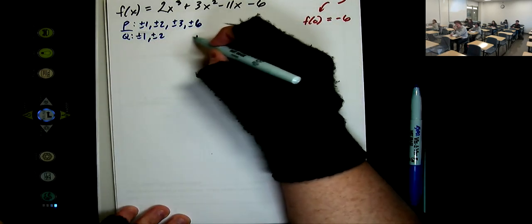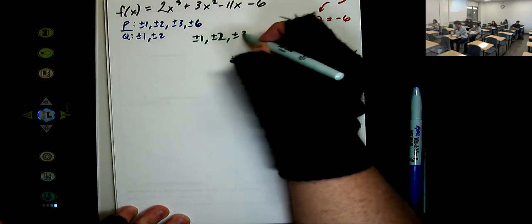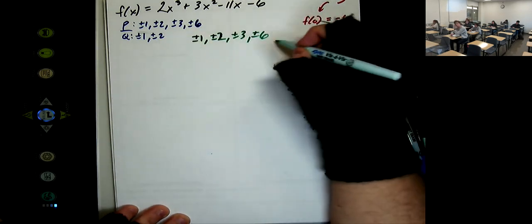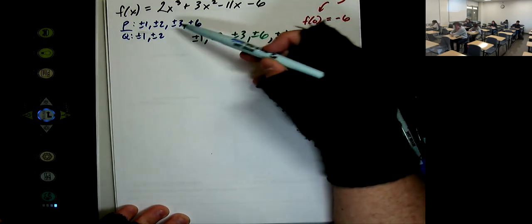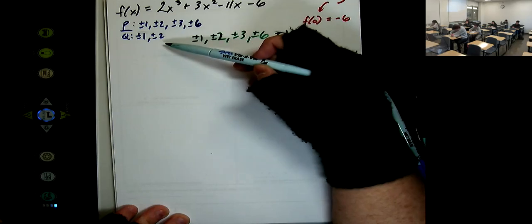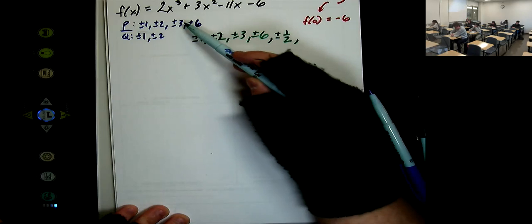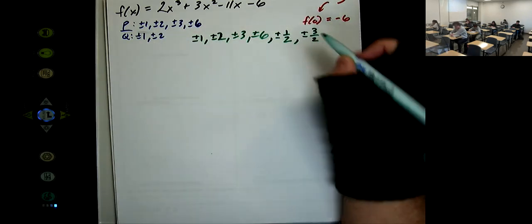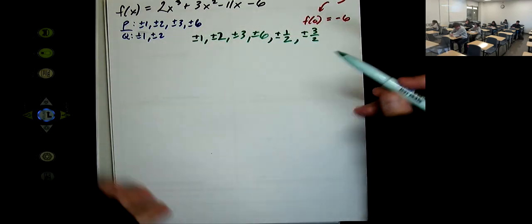So we can have all the P's over the Q's, Q equaling 1. And so ±1, ±2, ±3, ±6 are valid. Then I could put them all over 2. I could get a ±1/2. I could get a ±2 over 2, but 2 over 2 is 1. I already got that. I could do 3 over 2 and I get 3/2. I don't have that yet. And I could do 6 over 2, which gives me 3, and I already have that.